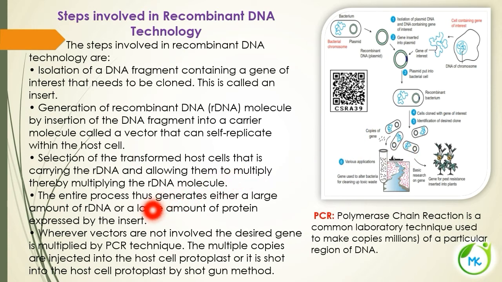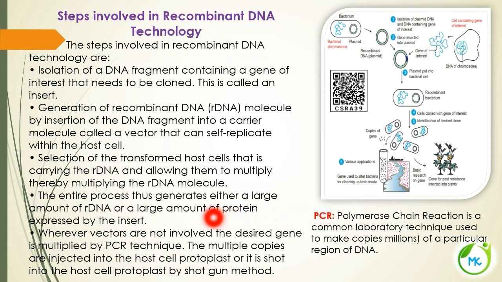Wherever vectors are not involved, the desired gene is multiplied by PCR technique. So PCR is nothing but polymerase chain reaction. It is a laboratory technique, and using this technique we can make millions of copies of a particular region of DNA.